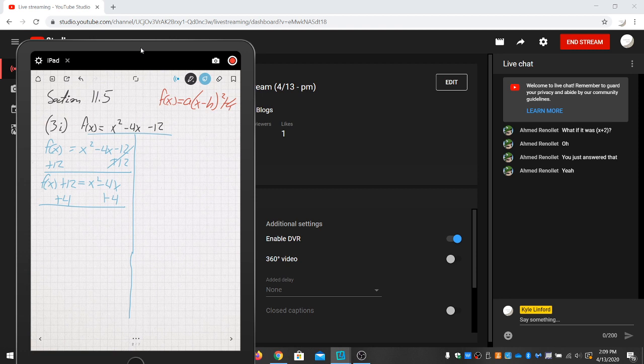And let's see what we get. F of x is equal to 12 plus 4 is a 16. And then over here, there are no like terms, so I have x squared minus 4x plus 4. If you remember, the reason we would complete the square was to force the polynomial to be able to be factored down.